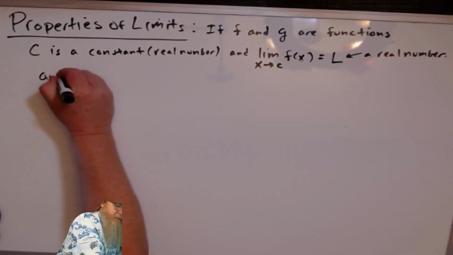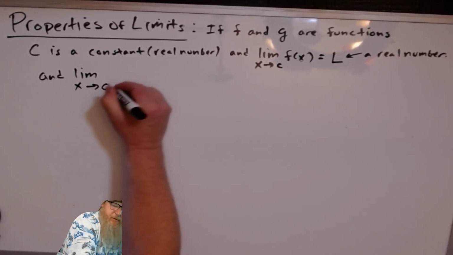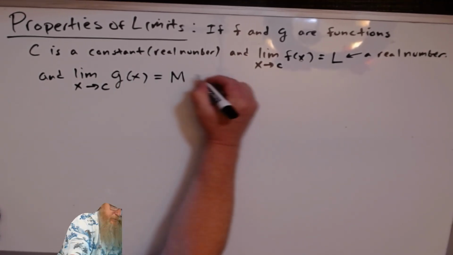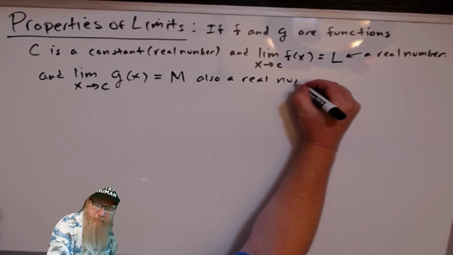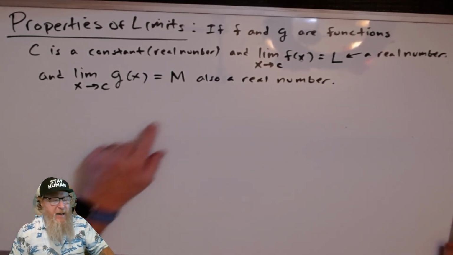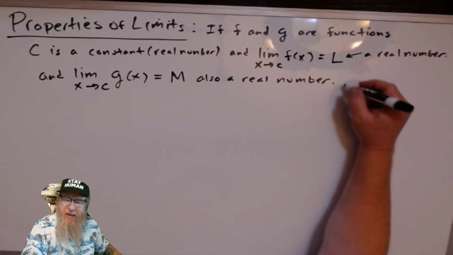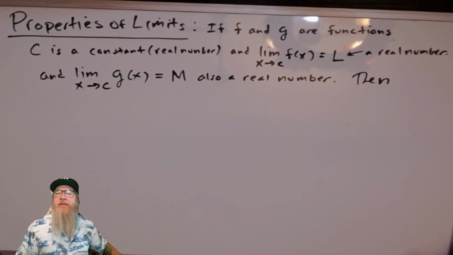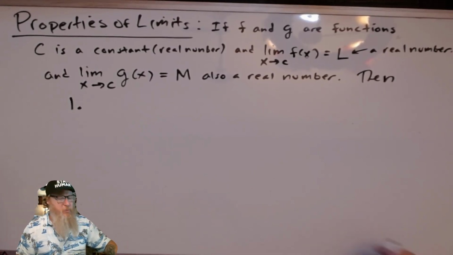And the other limit also exists. All right. So M and L are both real numbers, which means both of these limits exist. Then we have 9 properties. There are 9 things that we can assume.